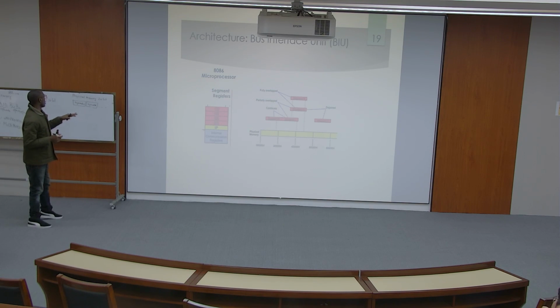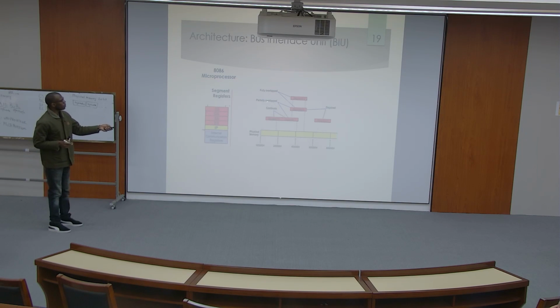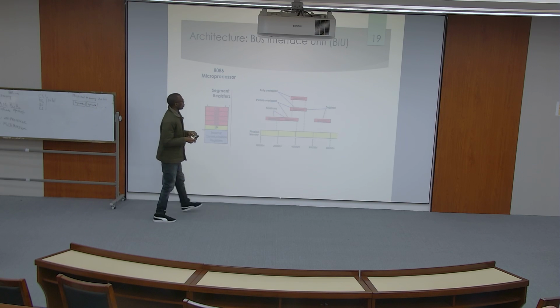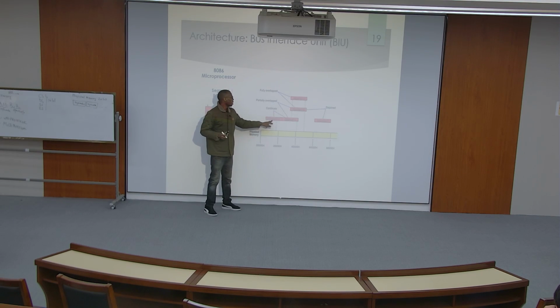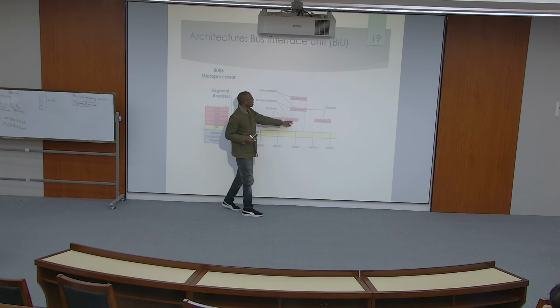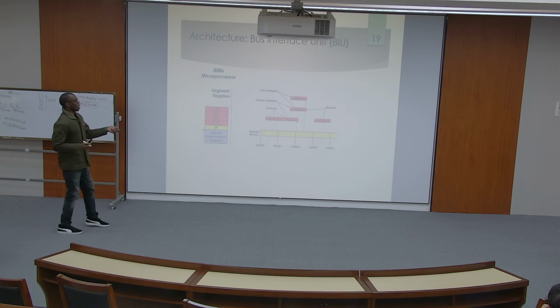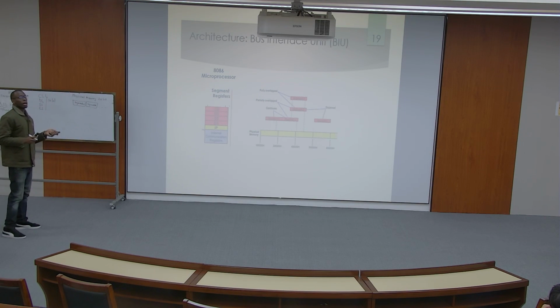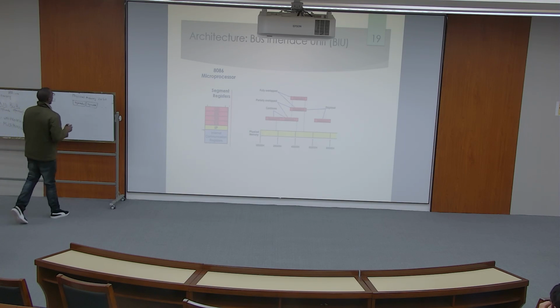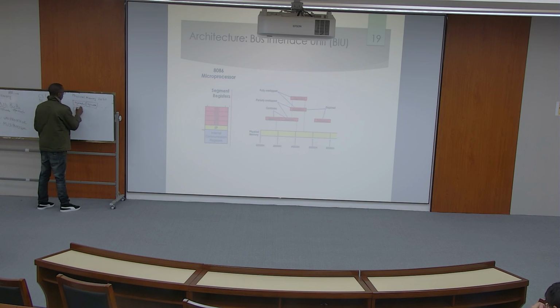Also, we can have segments that partially overlap. If you look here, we have our segment 0, and at the end of segment 0 we have segment 1, then we have segment number 2, which partially overlaps with segment number 1.